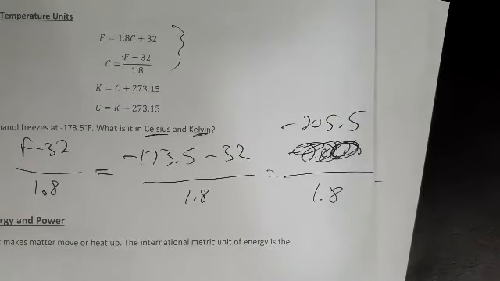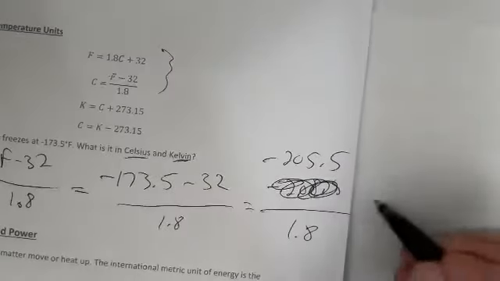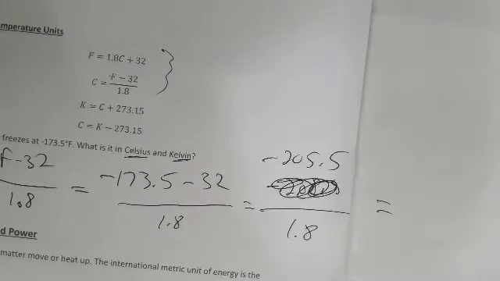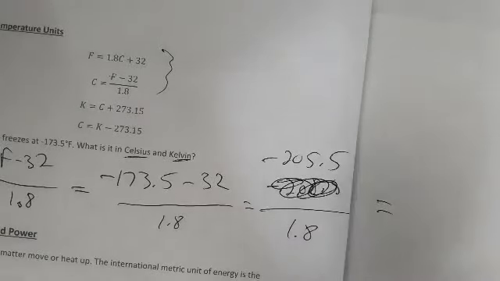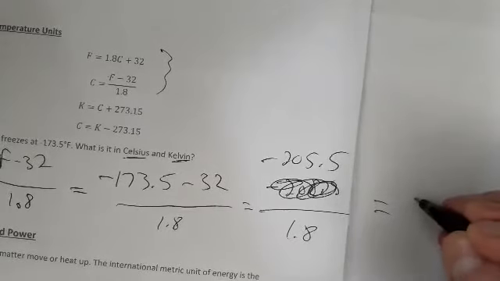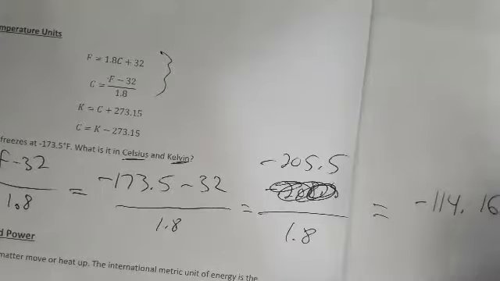And when dividing a negative by a positive, I'm hoping you realize I should be getting a negative number out of this thing. So let's look. Here, let me use some paper. Running out of room on that one. I'm getting a minus 114.16. I'm going to round it to 0.16.